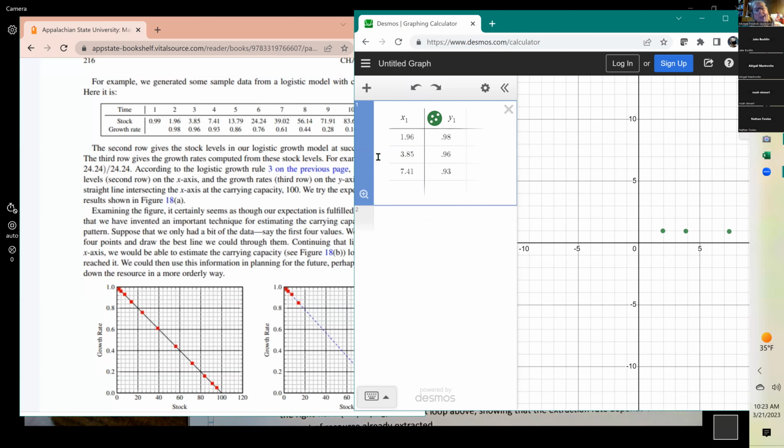I took that first one out because it's a starting point, but it had no rate, so I just took it out. I'll just put one more, 1379. And this would be our graph.